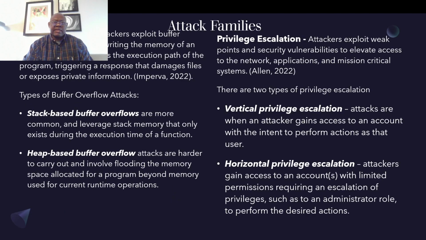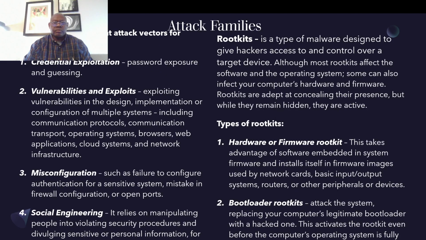These attack families are just definitions of some of the attacks, like buffer overflows, the types of buffer overflows like stack-based buffer overflow and heap-based buffer overflow. We went over privilege escalation and what they were, vertical privilege escalation and horizontal privilege escalation. Then there are the 5 most important attack vectors: credential exploitation, vulnerability and exploit, misconfiguration, and social engineering.